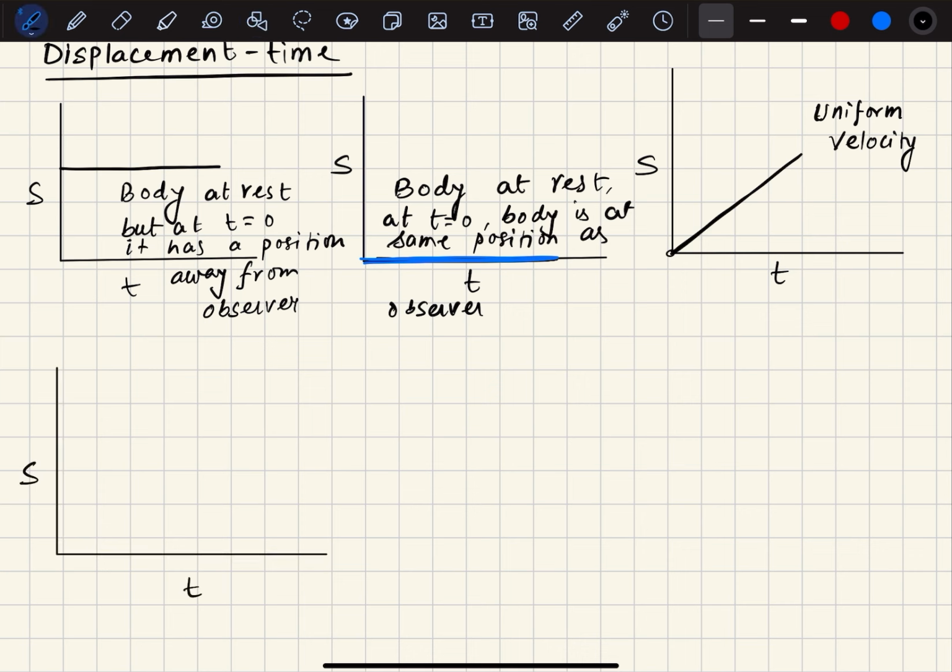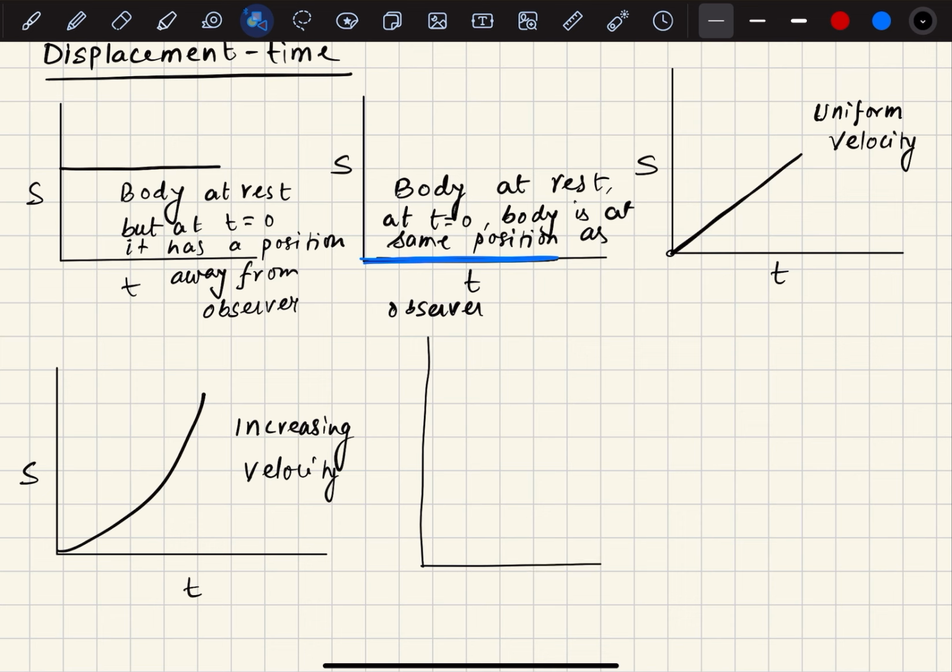The slope is increasing. Slope increasing means increasing velocity. What about this? Decreasing velocity. Slope is decreasing means decreasing velocity.